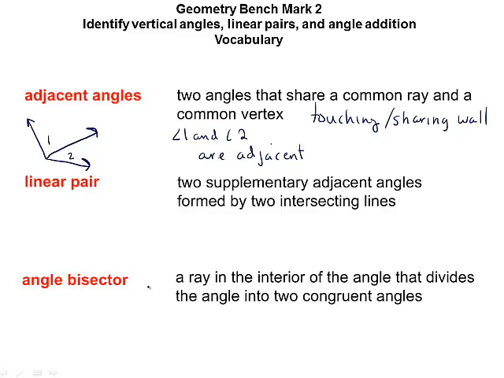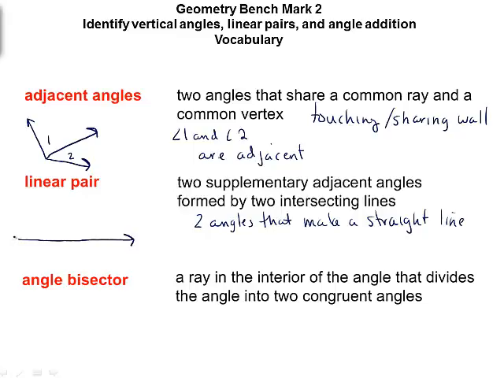Okay. A linear pair is two supplementary adjacent angles. So basically, it's two angles that make a straight line. You can have an acute and an obtuse, because to add up, you'd have one acute and one obtuse, or you can have two 90-degree angles.